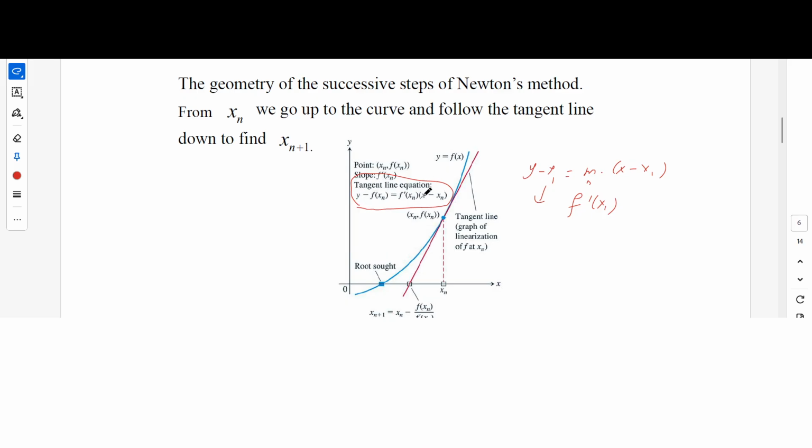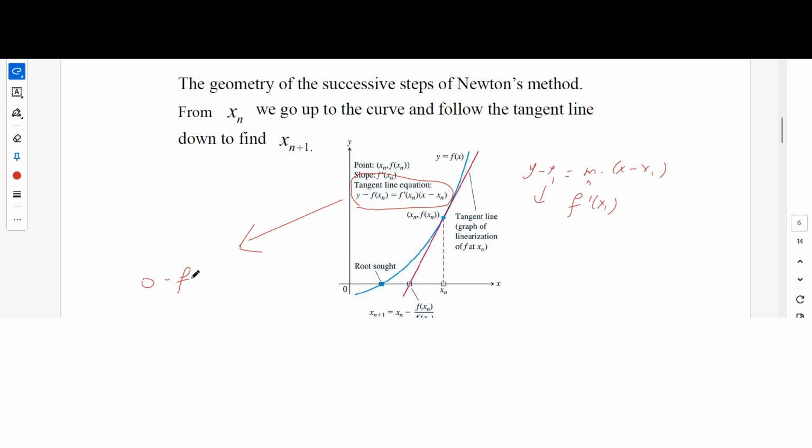Okay. And for finding the next point, which is the n plus 1 point on the x-axis, the value of y would be 0. So this part would be 0. If you put y equal to 0 here, then your x becomes x n plus 1. So this equation gives you the next point, which is on the x-axis, where the y value is 0.